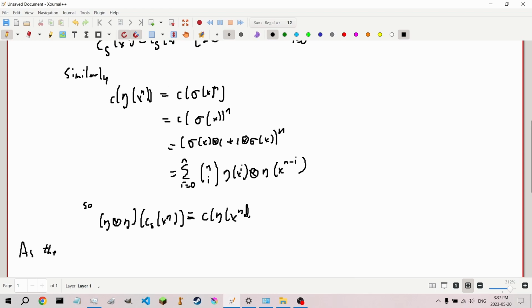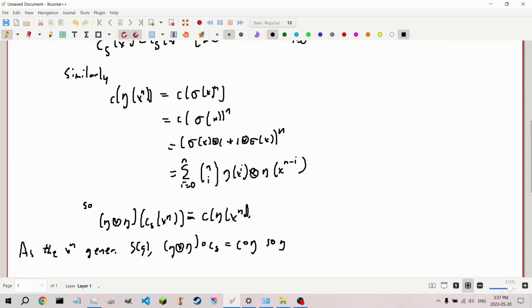As the x to the n generate SG, we then have that eta tensor eta on the S coproduct is the coproduct of eta.